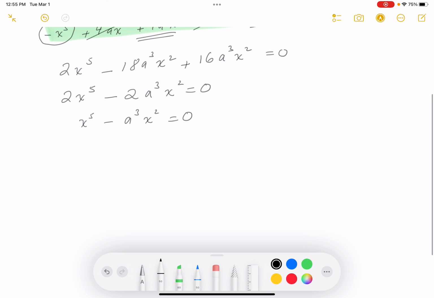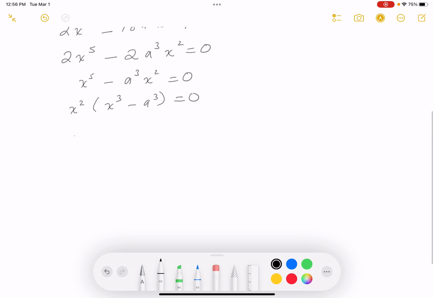I'm going to factor out an x squared. And what do you get? x cubed minus a cubed. I'm going to continue to factor it. I get x squared, x minus a, x squared plus xa, or ax, doesn't really matter, plus a squared.